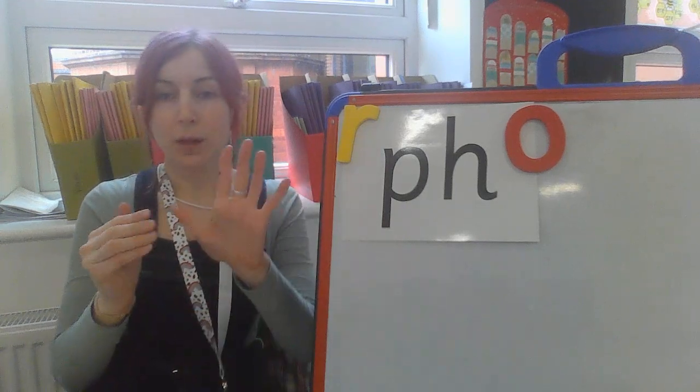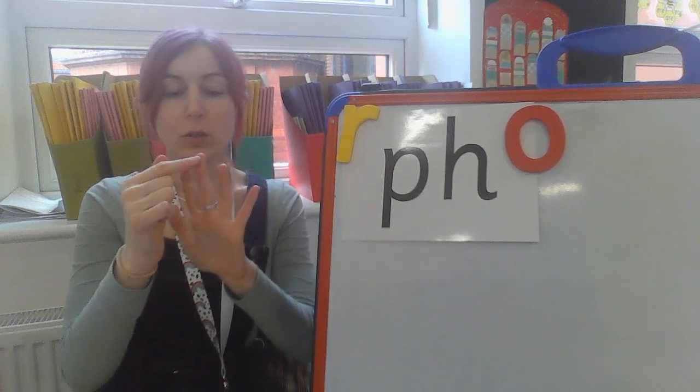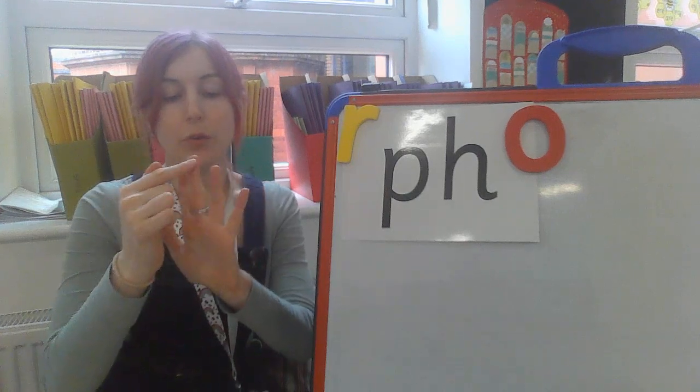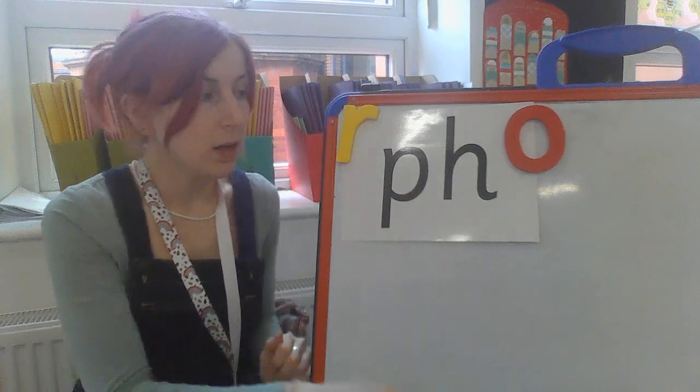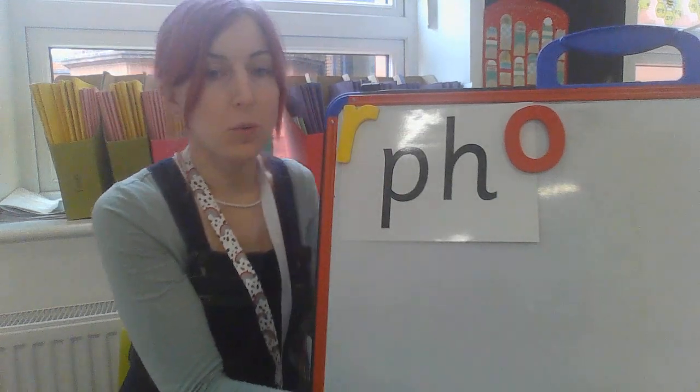Let's sound it out. F-O-N-I-C-S. Phonics. It's got two sounds, phonics. So break it up. Write the first syllable first, then the second syllable. F-O-N-I-C-S. Phonics. Okay, so pause the video while you write that and restart when you are ready.